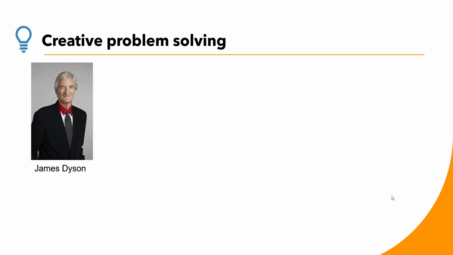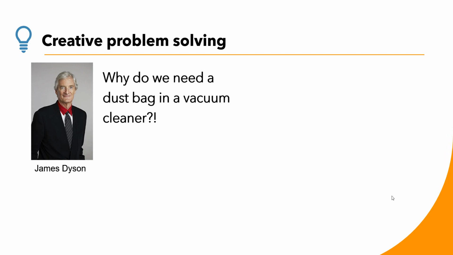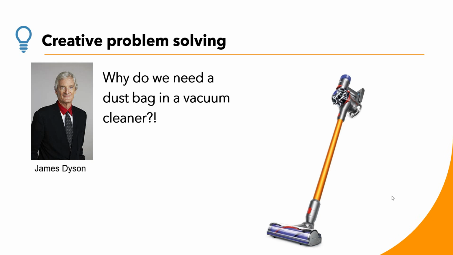There is someone called James Dyson. He asked himself, why do we even need a dust bag in a vacuum? Is it possible that we can have a vacuum without a dust bag? So he invented a vacuum cleaner that has no dust bag. There is a certain mechanism in the body of the vacuum cleaner itself that could collect dust without the need of a dust bag.